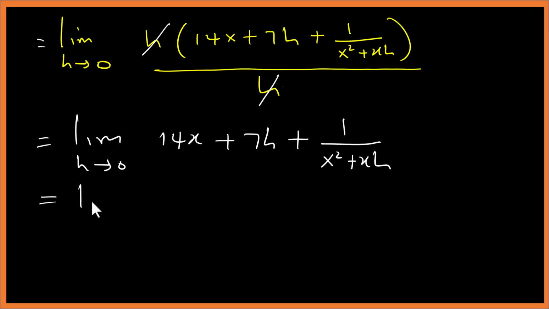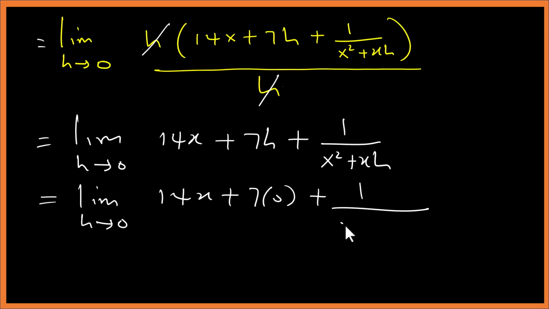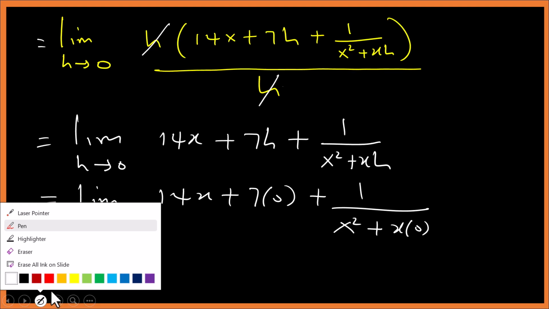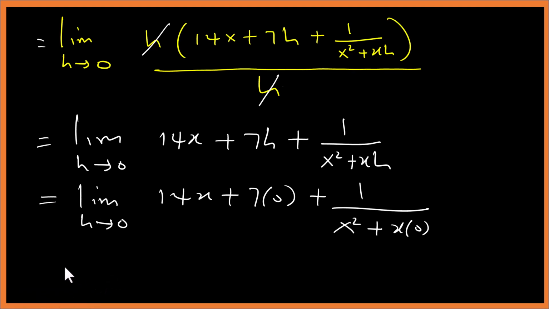So limit as h approaches 0 gives 14x plus 7 times 0 plus 1 on x squared plus x times 0.